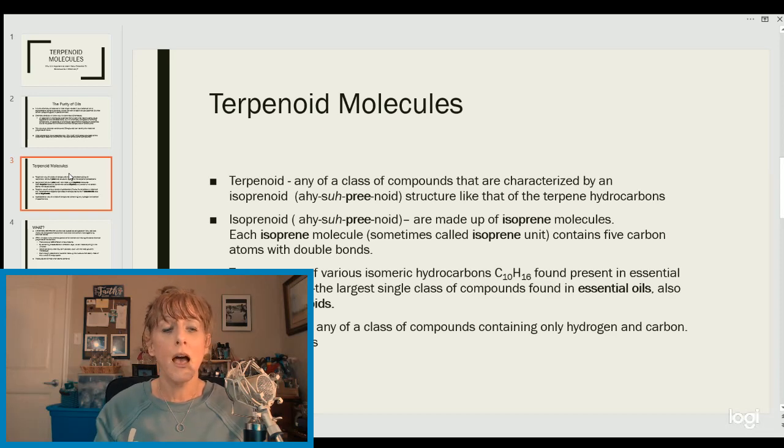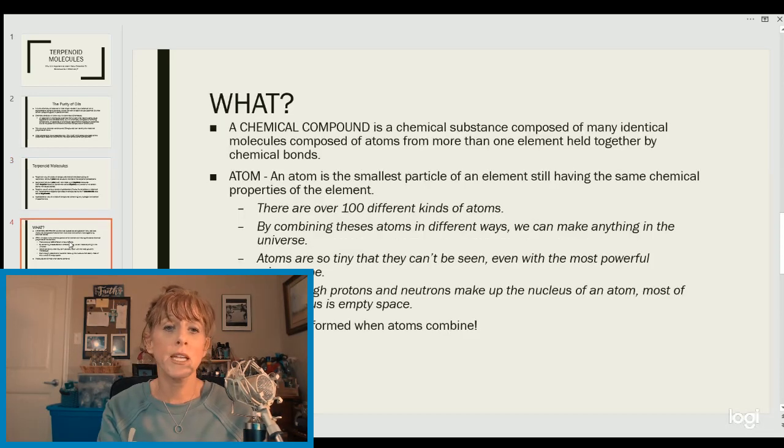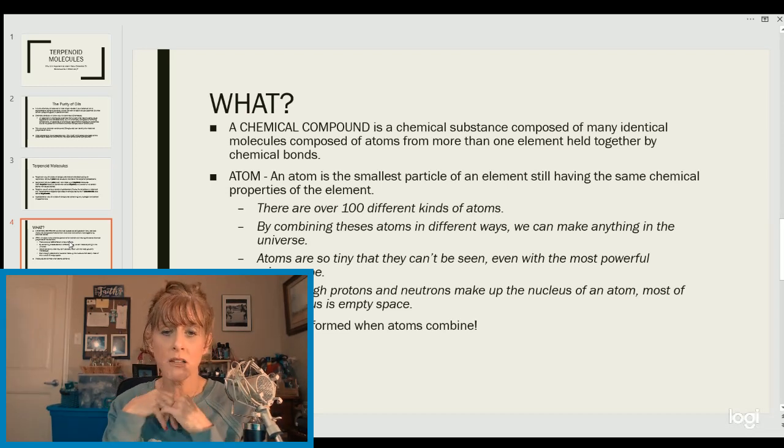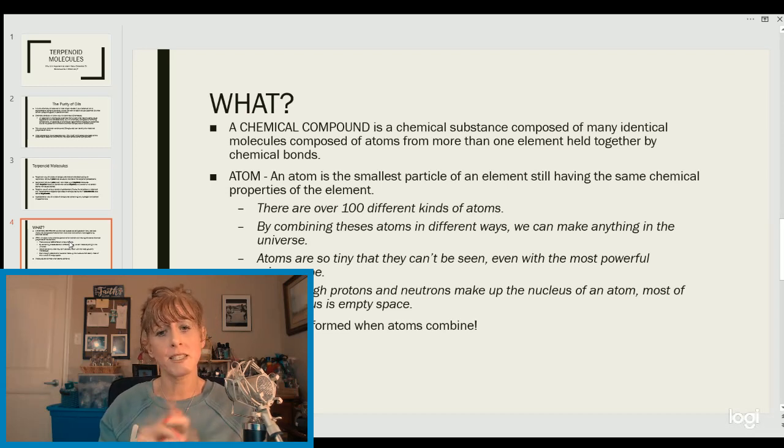So I'm still doing an overview. Now, a chemical compound is a chemical substance composed of many identical molecules of atoms from more than one element held together by chemical bonds. An atom is the smallest particle of an element, but still having the same chemical properties of that element.